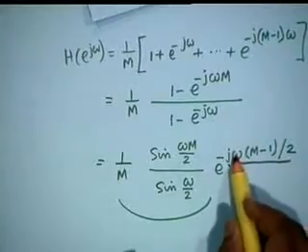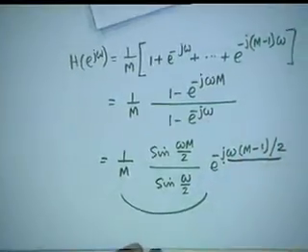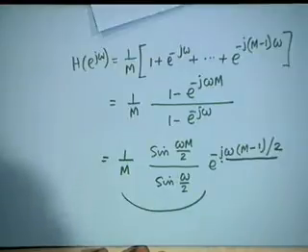You see, the angle would be minus ω(M minus 1) by 2, okay? Then you have to take care of the phase transitions by pi. Wherever there is a zero crossing, there occurs a phase transition.